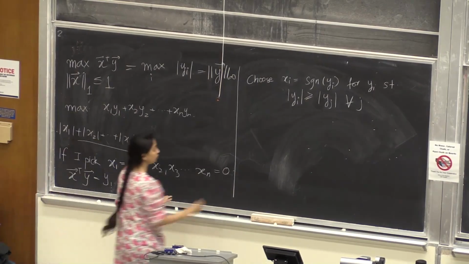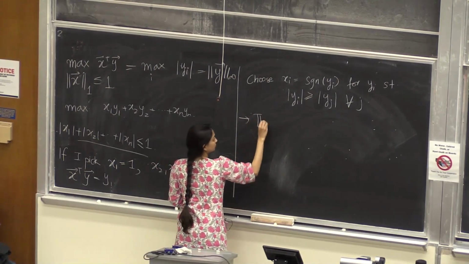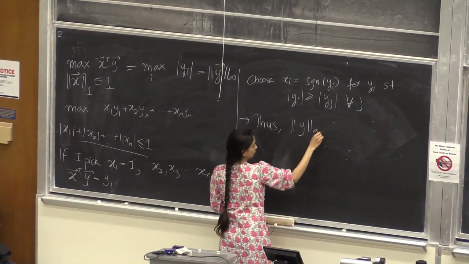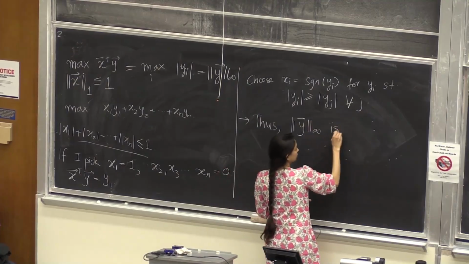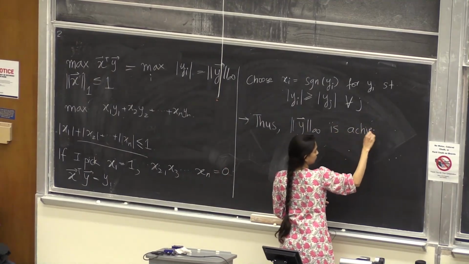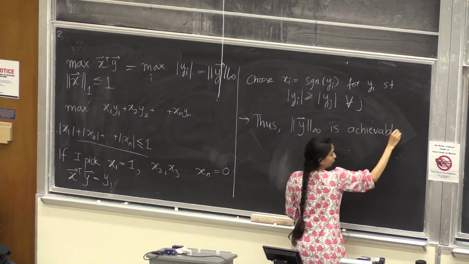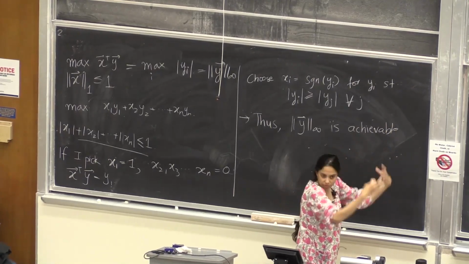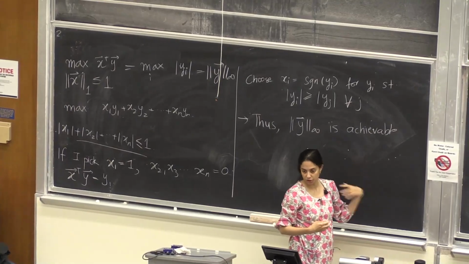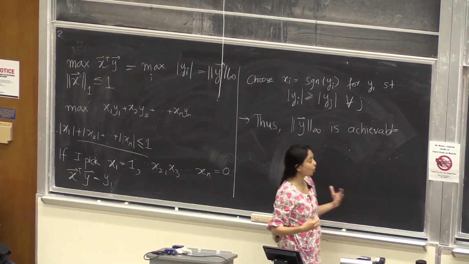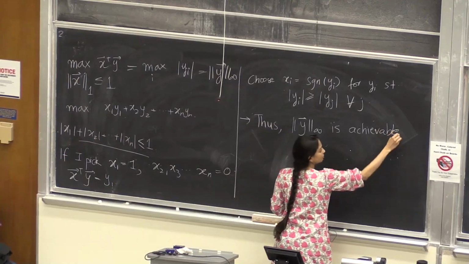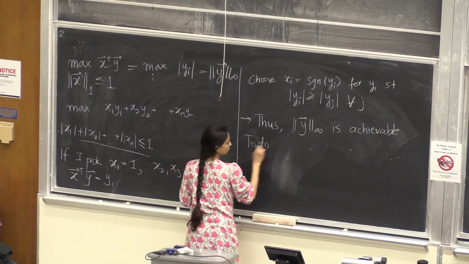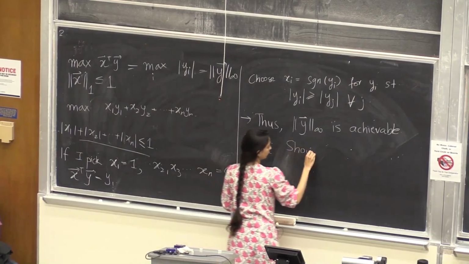So all we've done so far, thus, is achievable. When you find a solution that can achieve a value, that means that that value is achievable or attainable. This is like terminology that we will be using. Now we have to prove that it can't be beat. Our to-do is to show that you can do no better.